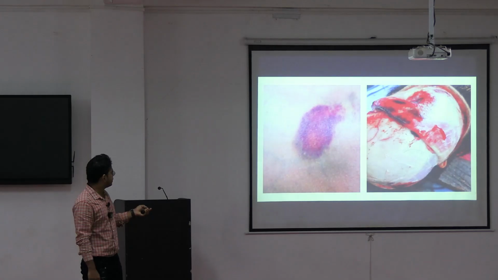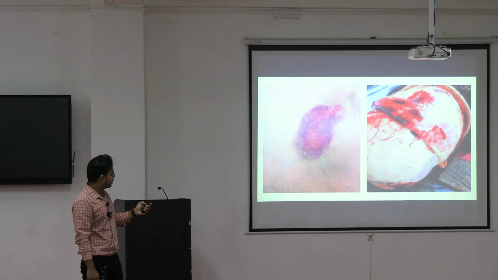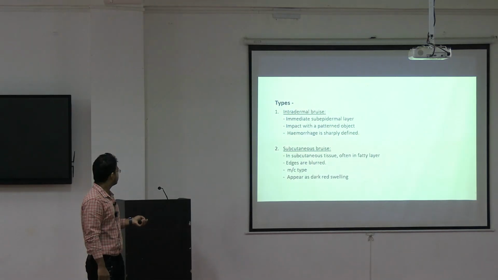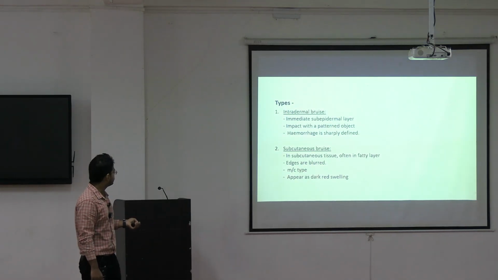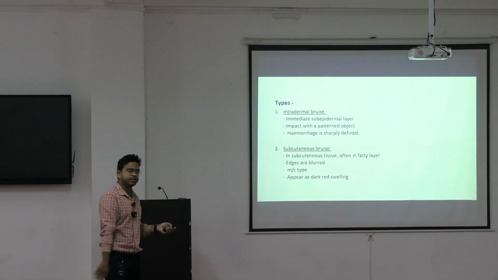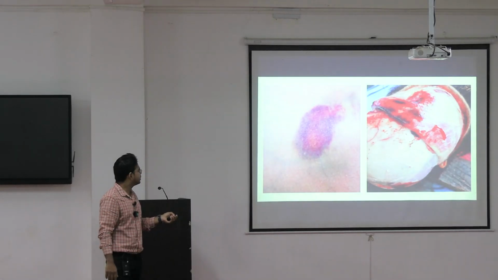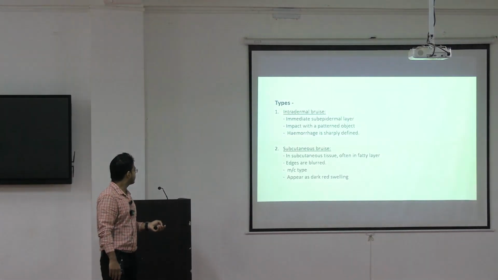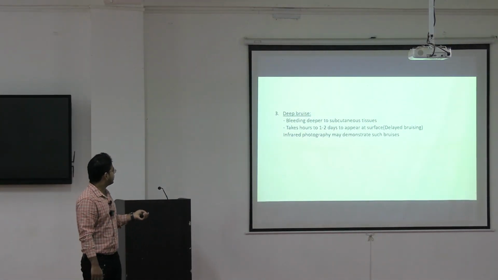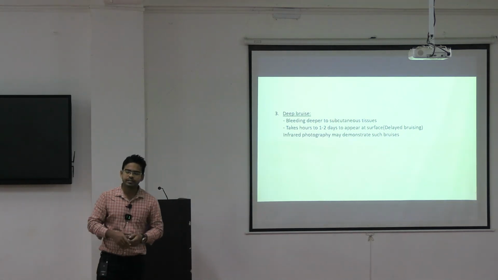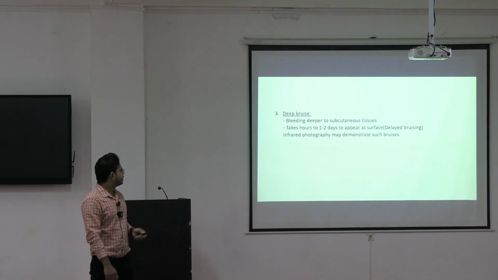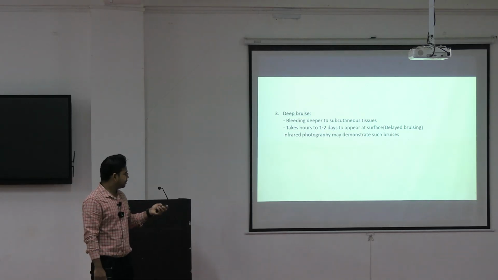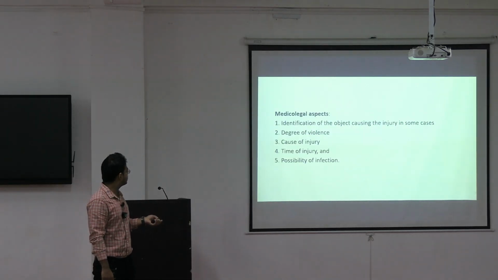So this picture will be an intradermal bruise, because it's sharply defined. In the subcutaneous bruise, the edges are blurred, like the second picture that you have seen. And last is the deep bruise, which is deeper than the subcutaneous layer even. So these things will be taught again.